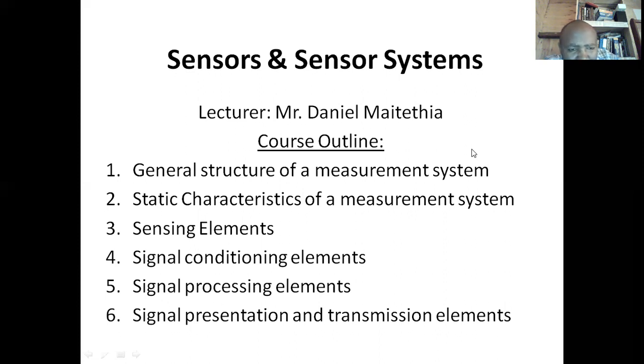Topic number 3 will be the sensing elements. Topic number 4 will be signal conditioning elements. The 5th topic is the signal processing elements. And the 6th and final topic in this course will be signal presentation and transmission elements.